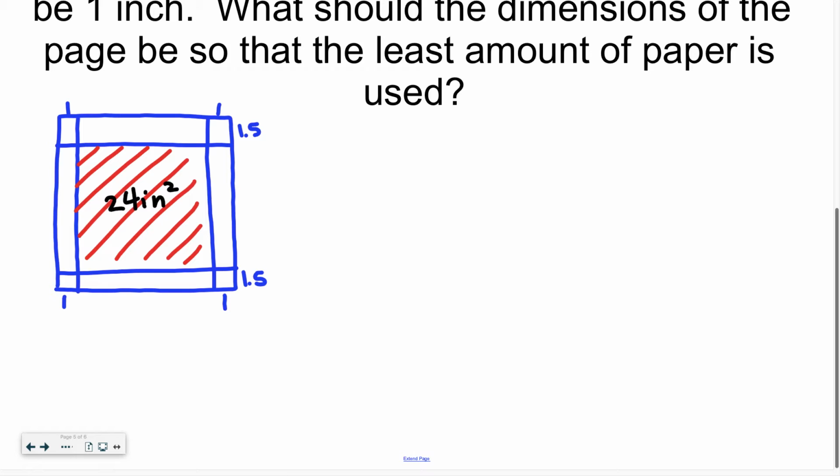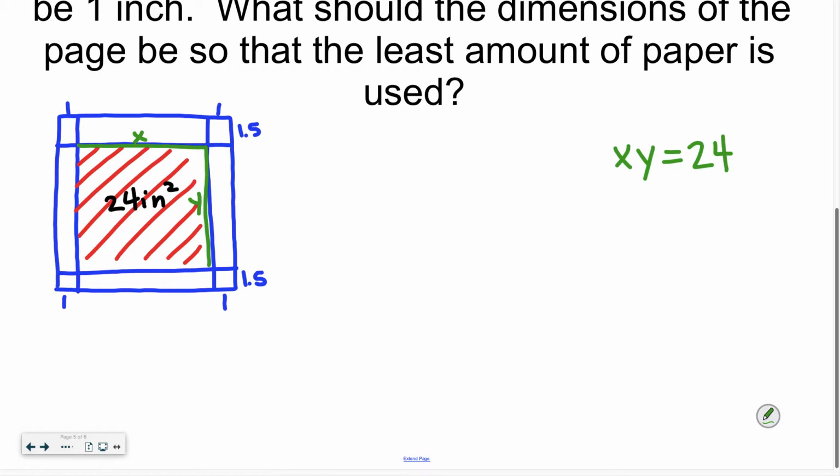Okay. What I'm going to do, I'm going to call this dimension X and this dimension Y, so that we can identify that X times Y is 24. Do you agree with that? Okay. Does the area of the inside of our paper have anything to do with the overall dimensions?